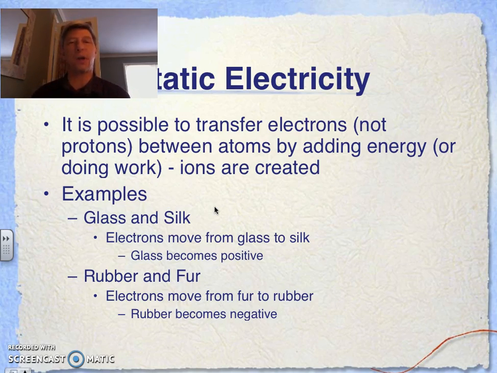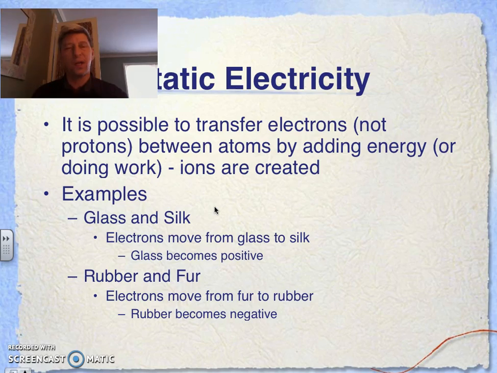If you walk across a carpet, for example, in your socks, you will build up a great static charge in your body. And then when you go and touch a metal door handle or some other metal object that's grounded, those electrons will be able to either escape from you into that object or escape from the object back into you, depending upon your net charge.